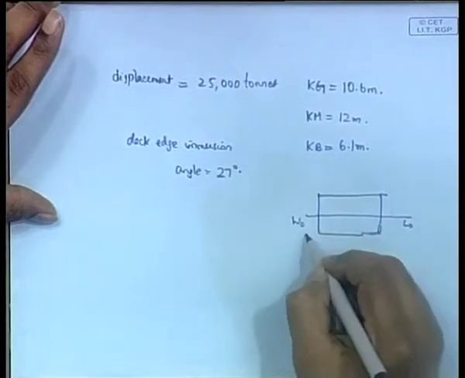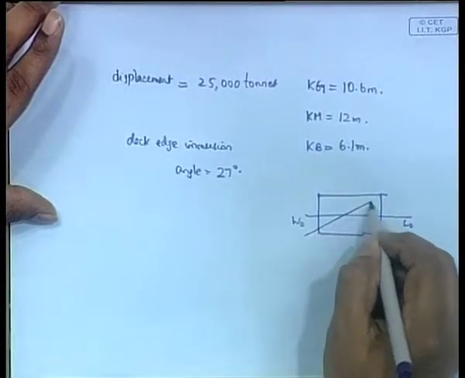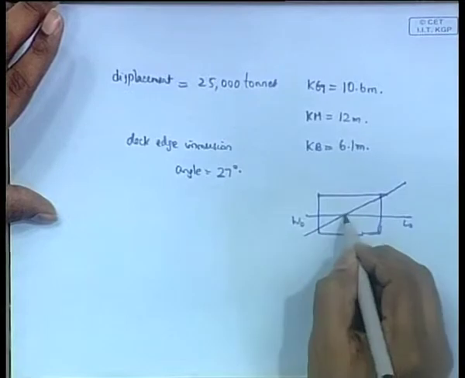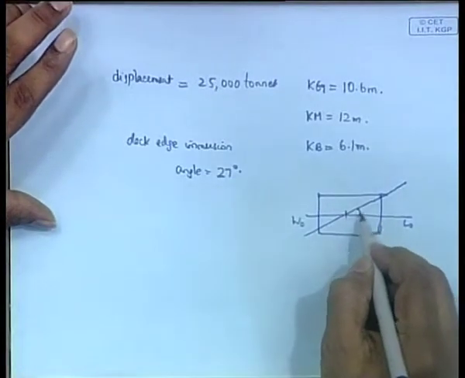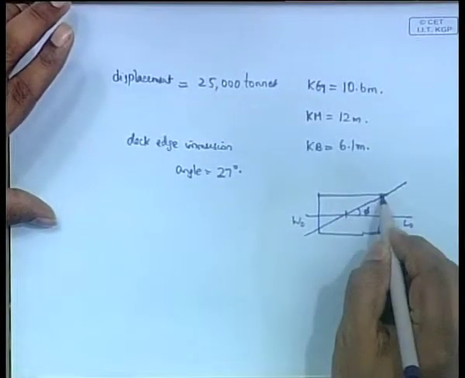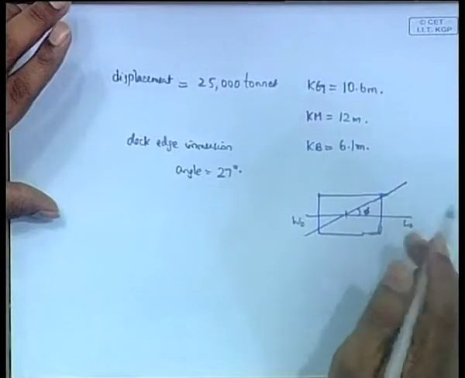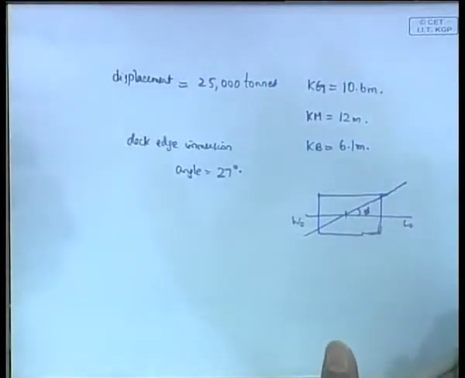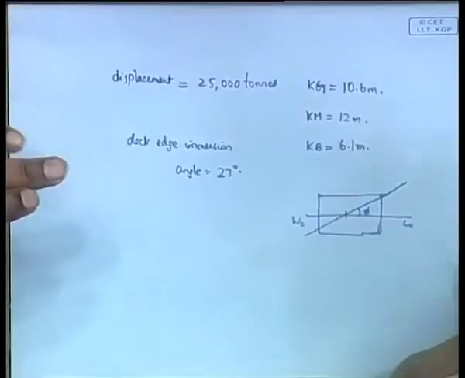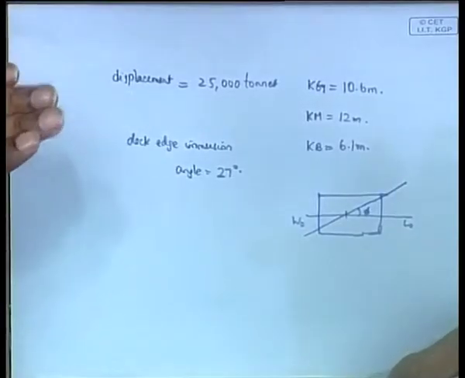Now, if it heels at this phi, you know that the deck edge will be immersed. So, this angle phi is called the angle of deck edge immersion. It is the angle to which the ship should be heeled such that the edge of the deck will be immersed. As you can see from the figure, it is straightforward. So, you are told that the angle of deck edge immersion is 27 degrees.